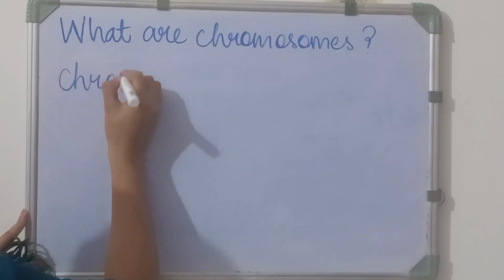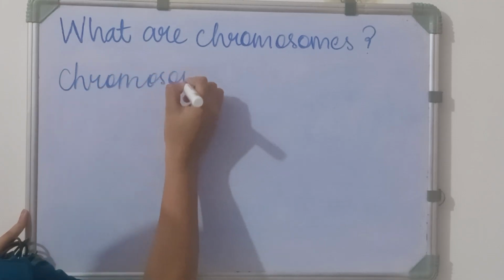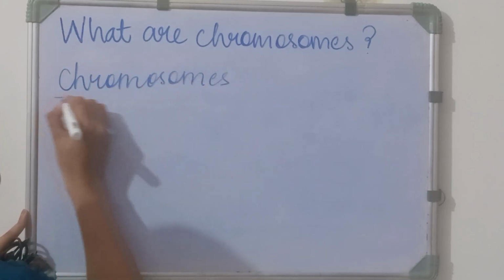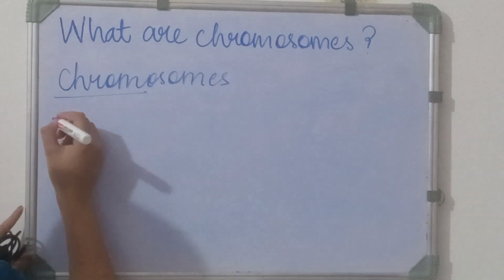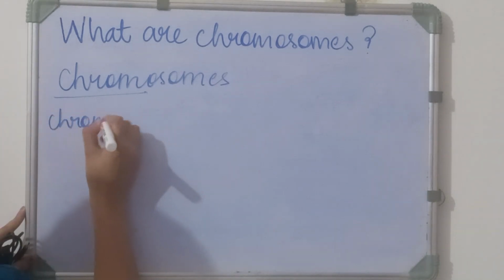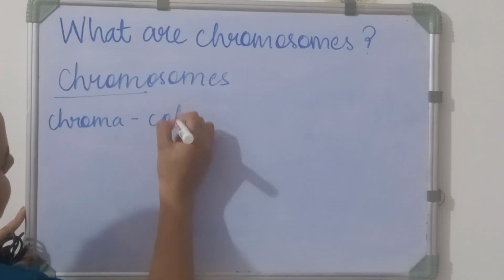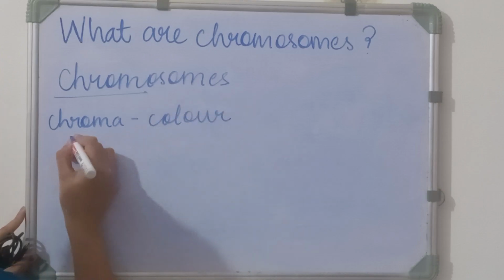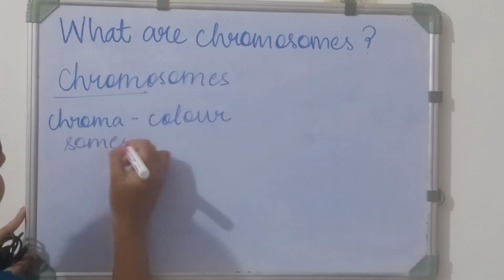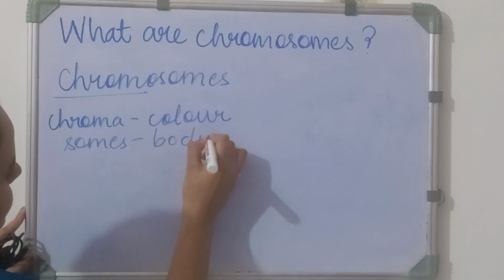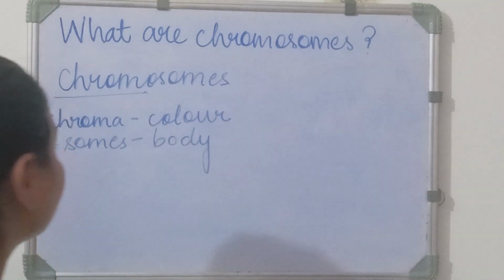Chromosomes. Chromo means color, somes means body. These are colored bodies.